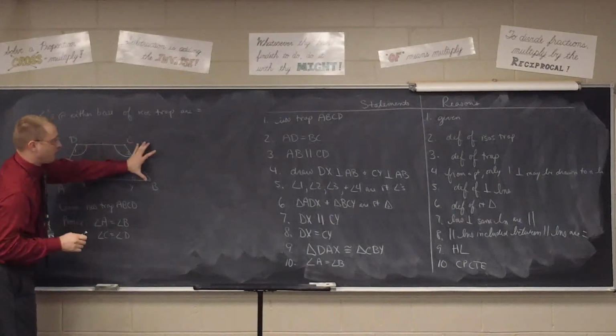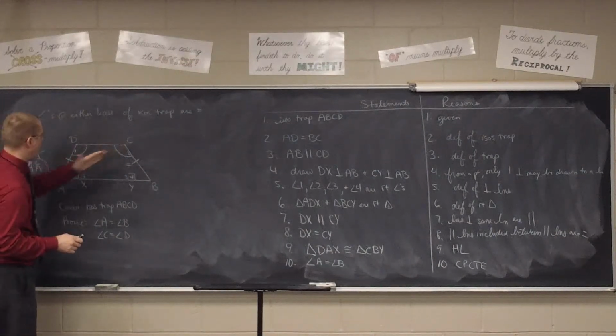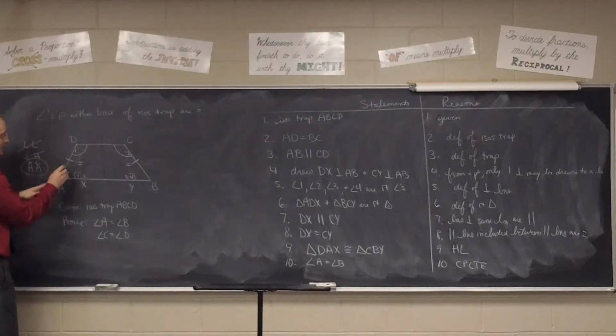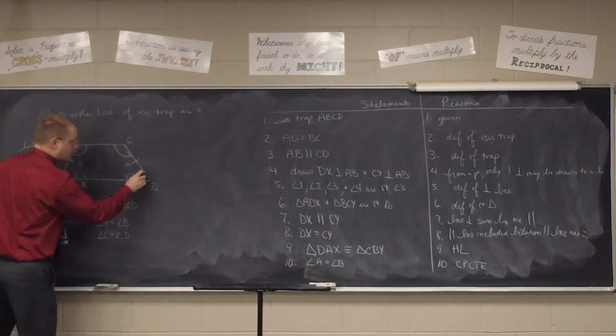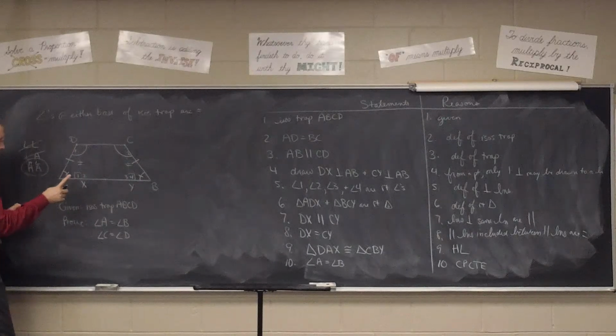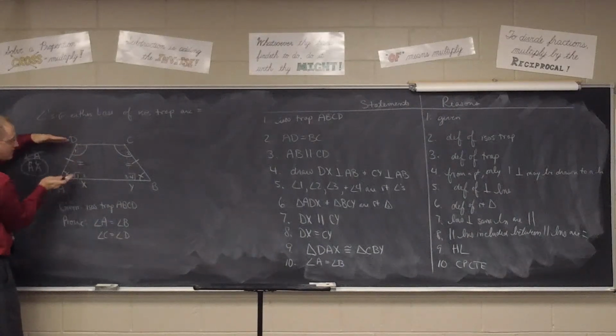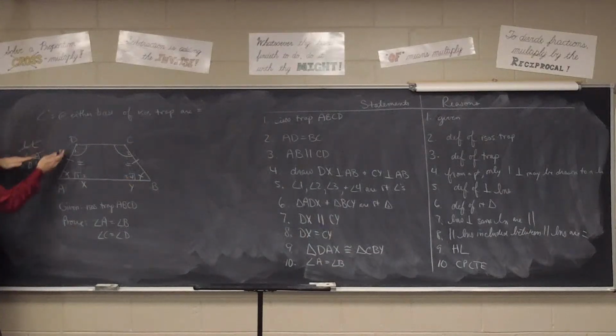These two lines are parallel, correct? And this line could be called a transversal. I already know that this angle here is equal to this angle here. What do I know about A and all of D, since it's between parallel lines on the same side of a transversal?